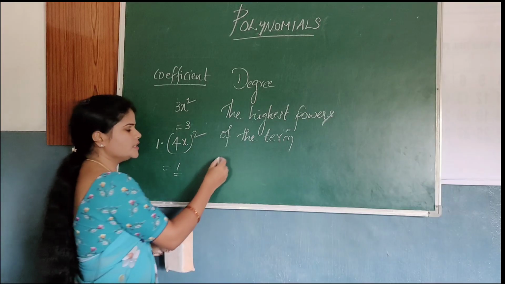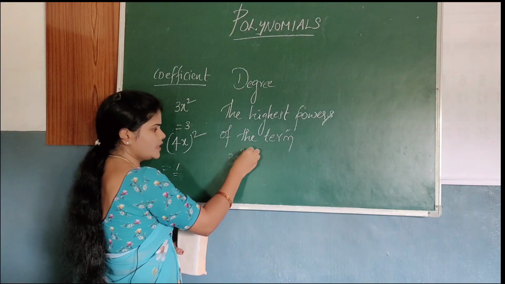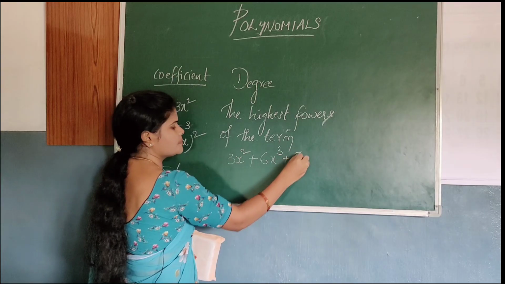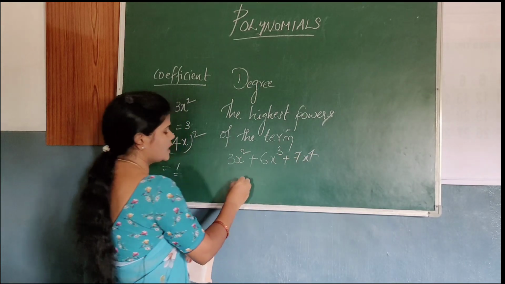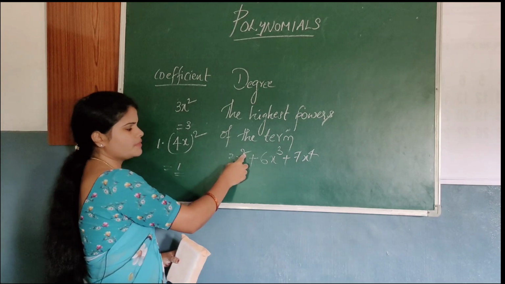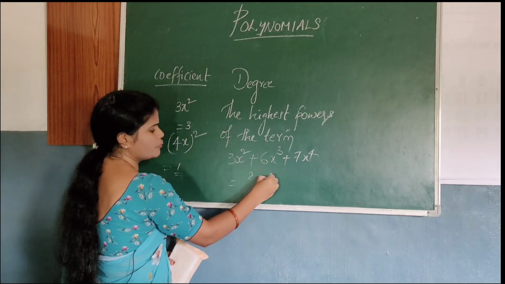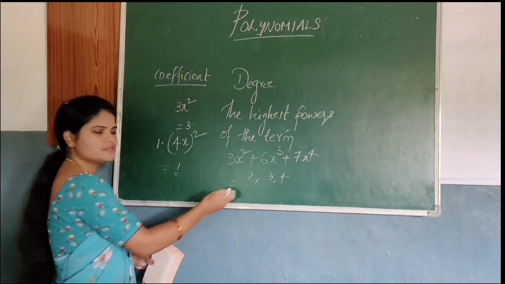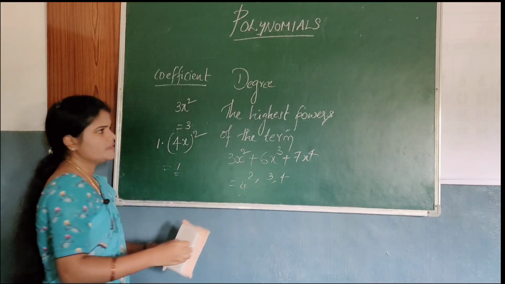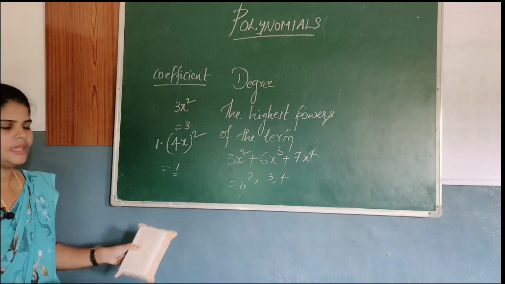How can we find the degree? Suppose I have given the equation 3x square plus 6x cube plus 7x power 4. If they ask what is the degree of the given equation, the powers are 2, 3, 4. Amongst these numbers, which is the highest power? 4. So 4 will be the degree of the given equation.